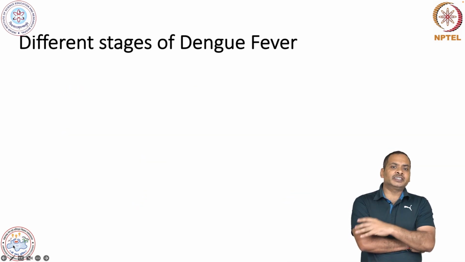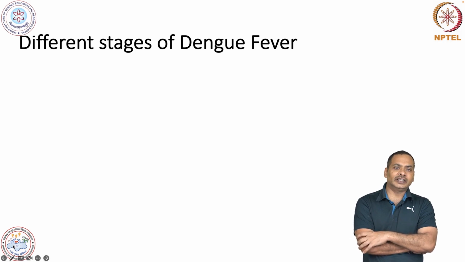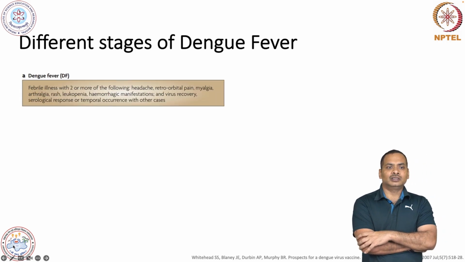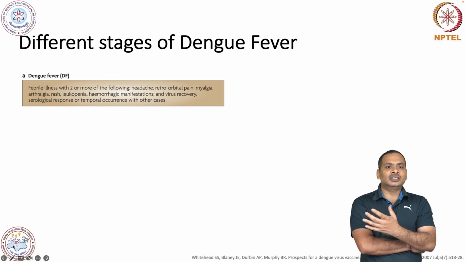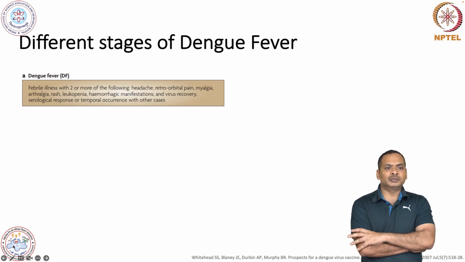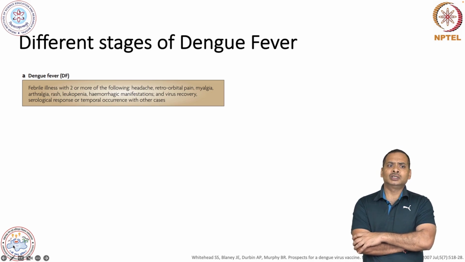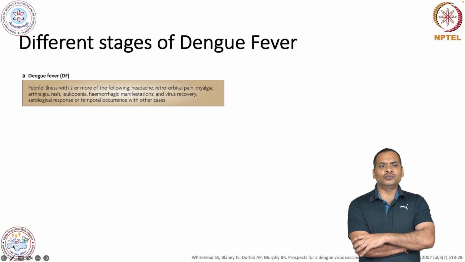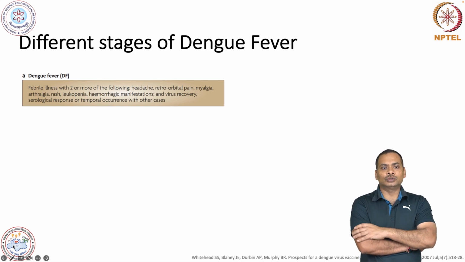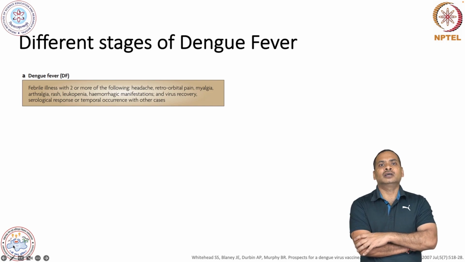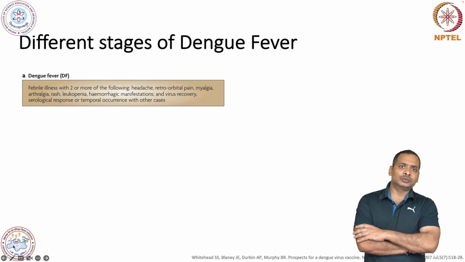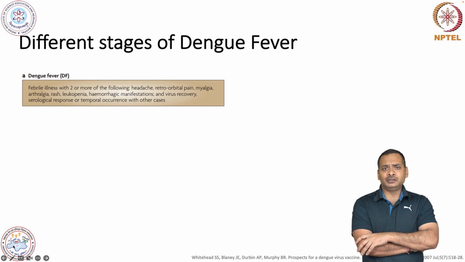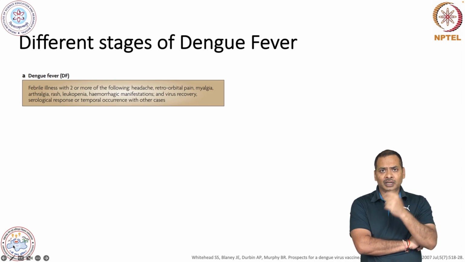There are different stages of dengue fever. Here I will discuss that. Dengue fever is basically characterized by febrile illness with 2 or more of the following symptoms. Some individuals show severe headache, some show retro-orbital pain, near the eye region.